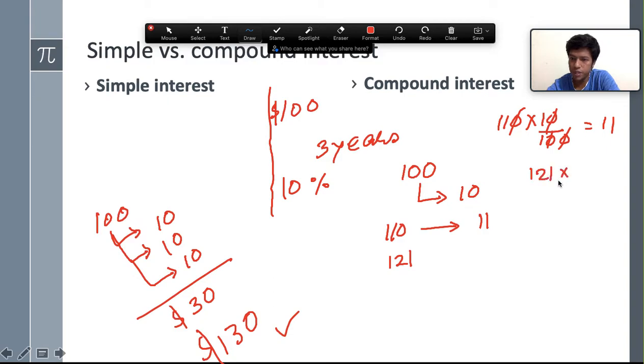If you take 10% of 121, you get $12.1. Then you add $12.1, so you get interest of $12.1 here.